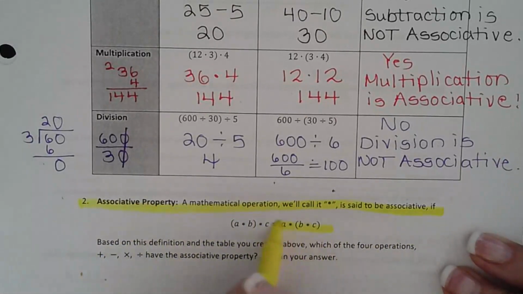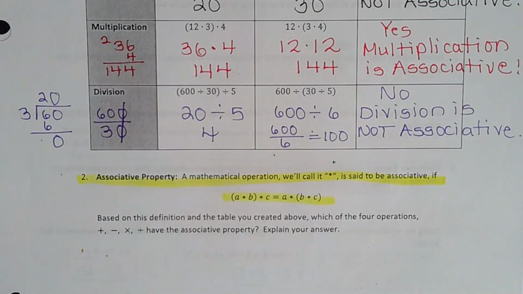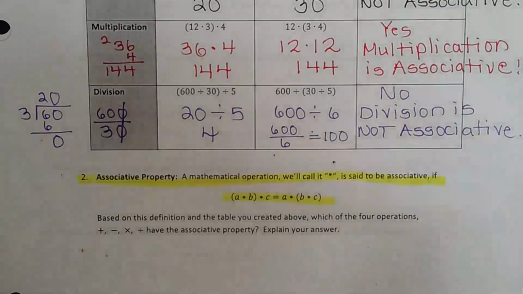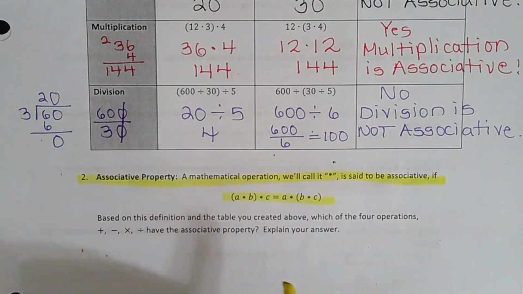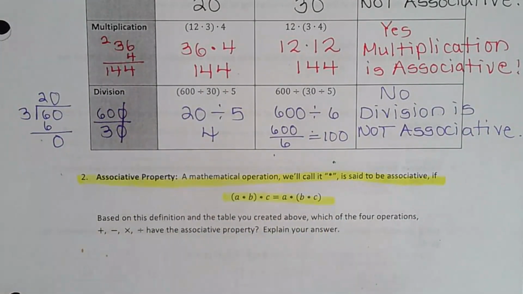Highlighter worthy, I think, to remind yourself about that. A mathematical operation, we'll call it multiplication, is said to be associative if where you place the parentheses does not matter. The tables you created above, which of the 4 operations have the associative property?